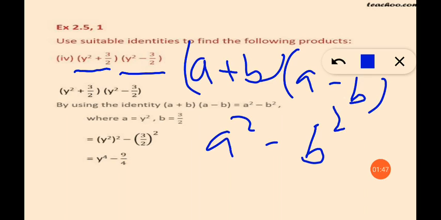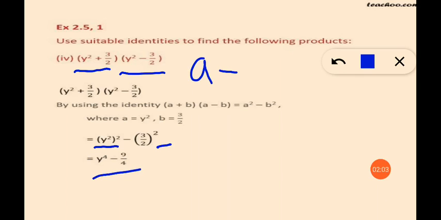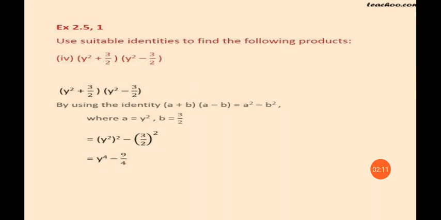So if we compare here, we get a = y² and b = 3/2. Hence a² will be (y²)², and b² is 9/4, so it becomes y⁴ − 9/4. Got it, students? This is the way we have to use the identities for finding the products.